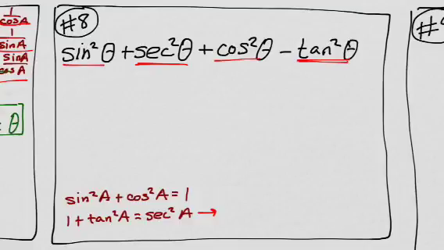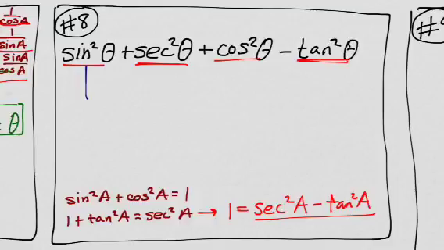So is there any way to rewrite this last identity to represent what we have there? Yeah, we can subtract tangent squared from both sides of that identity, and we'll end up with 1 equals secant squared of A minus the tangent squared of A. Okay, and then we recognize that we have that, secant squared minus tangent squared. All we have to do is reorder these. So I'm not even going to write them down.